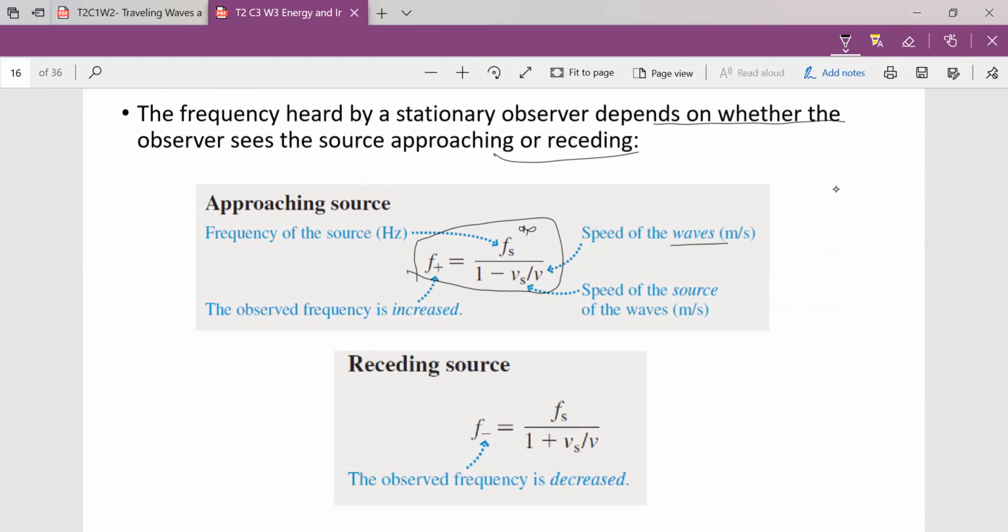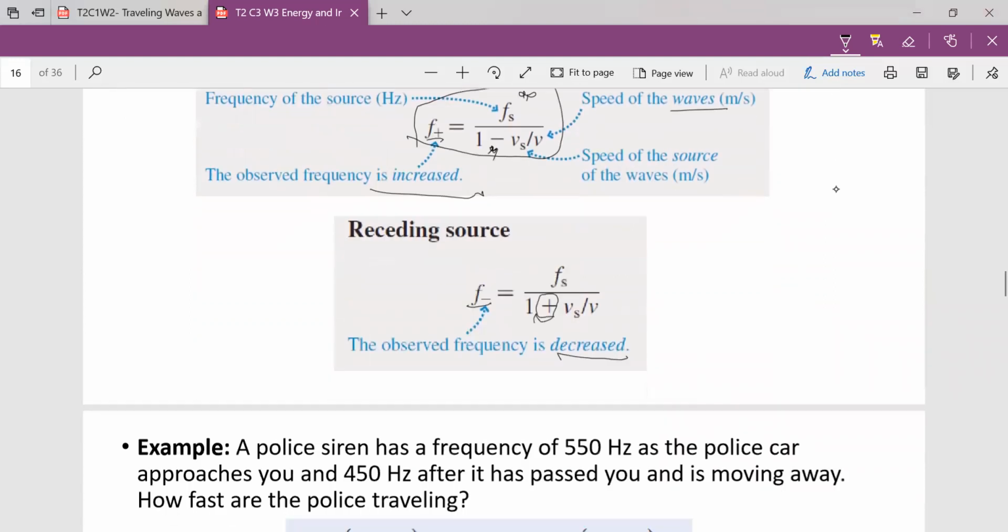If it is receding, note the sign, because this is where the difference is. The frequency increases when it's approaching, but when it's receding, the frequency decreases. That's why you have minus here and plus here. So you have a plus sign for this: the frequency of the source over 1 plus the speed of the source over the speed of the wave.